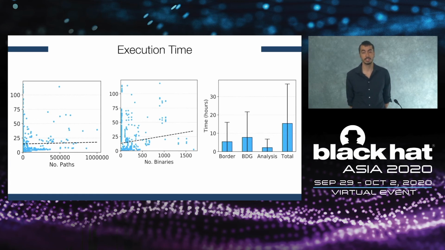We investigated and we found that there were some problems with angr. This problem got fixed and we are applying the fix to Caronte. Overall, we can see that Caronte scaled well, and this is because our system only focuses on a very small set of binaries instead of considering all of the binaries in a firmware.